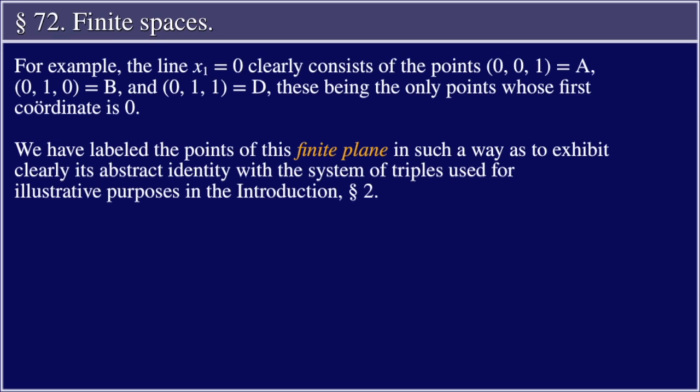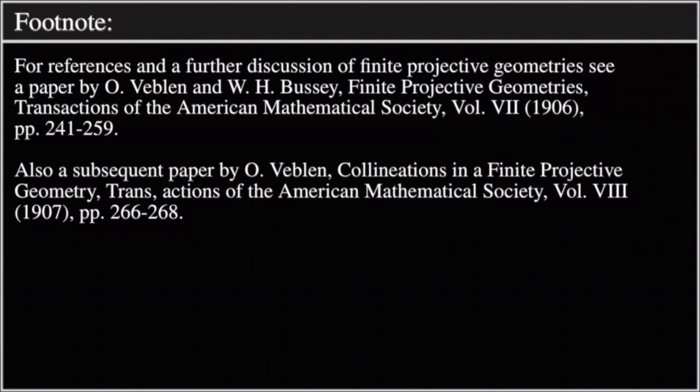We have labeled the points of this finite plane in such a way as to exhibit clearly its abstract identity with the system of triples used for illustrative purposes in the introduction, section 2. Footnote: for references and a further discussion of finite projective geometries, see a paper by O. Veblen and W. H. Bussey, Finite Projective Geometries, Transactions of the American Mathematical Society, Volume 7, 1906, pages 241 to 259.